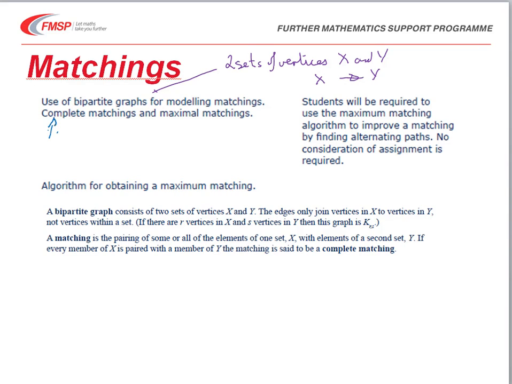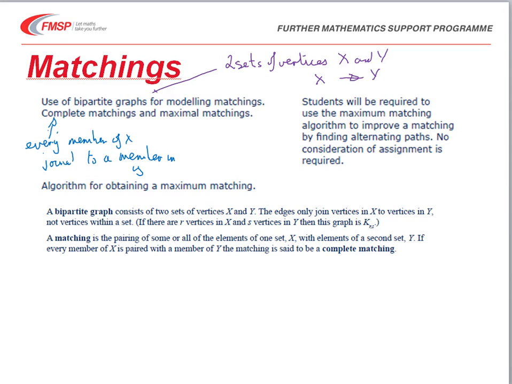A complete matching is where every member of x has an associated member in y that is joined by an arc. There's one arc going from every node in x, and every node in y has an arc coming into it.